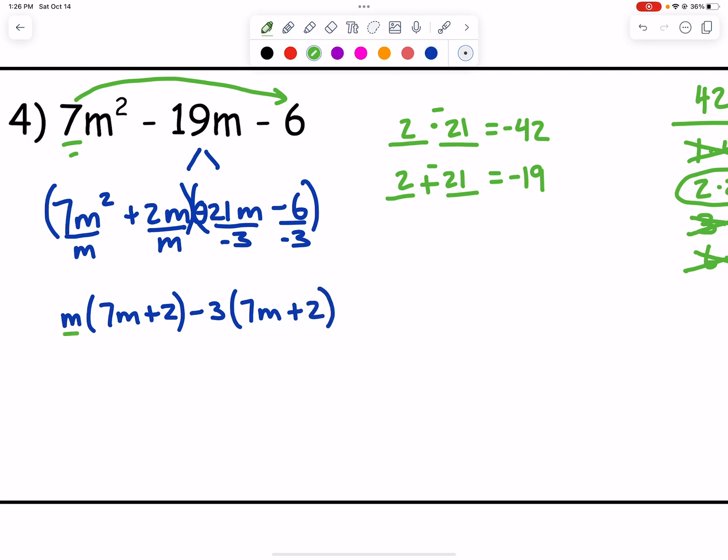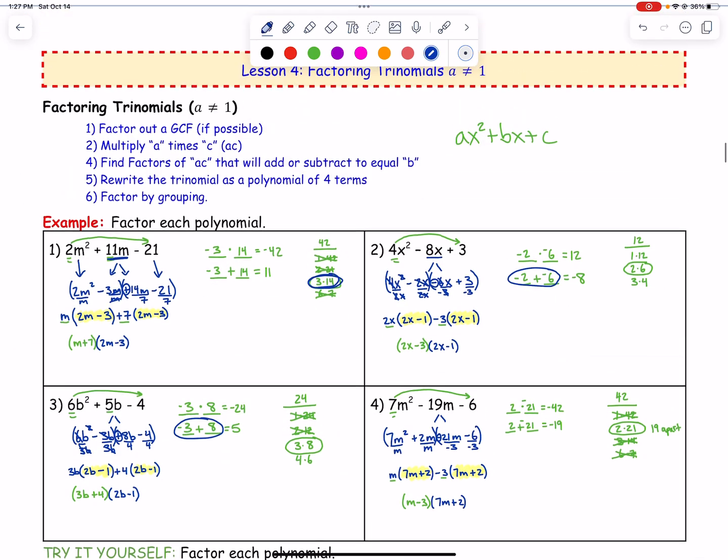So then put together your greatest common factors. They become a factor, so m minus 3. And then the one that looks the same is our other factor. So 7m plus 2. All right, so that's it for factoring trinomials where a is not equal to 1.